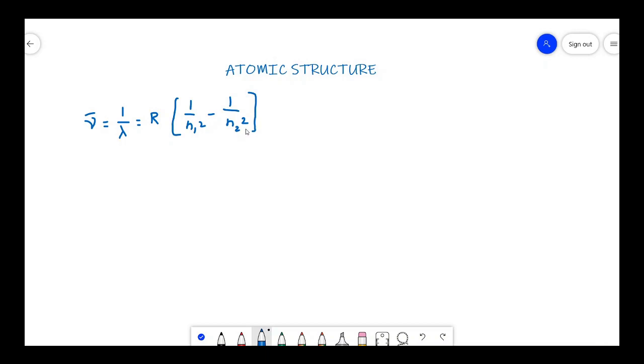So this is the equation to calculate wavelength. And here the R value is 109,677 centimeter inverse, so this is in centimeters.